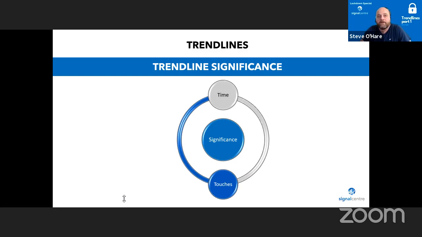Have an idea of where the longer-term trend lines are, and that could impact your trading day. You may not realize why the market's not going down when it should. Maybe there are longer term traders in there buying at the major trend line. So the significance is the time that it's been established and how many touches the trend line has had.